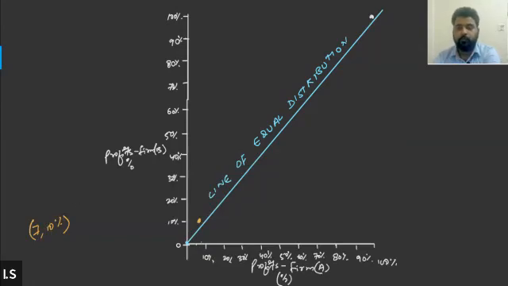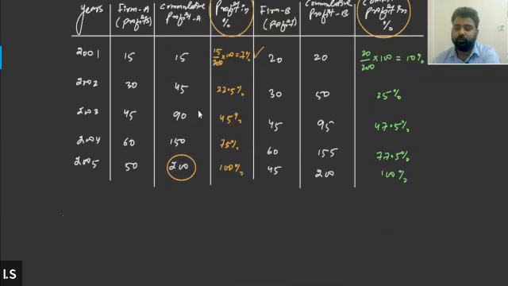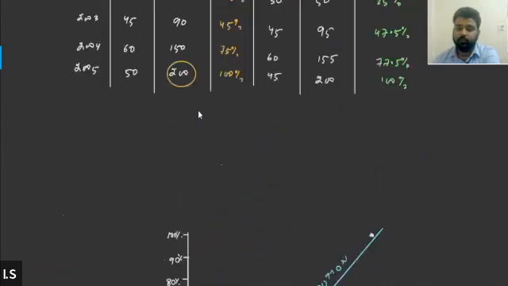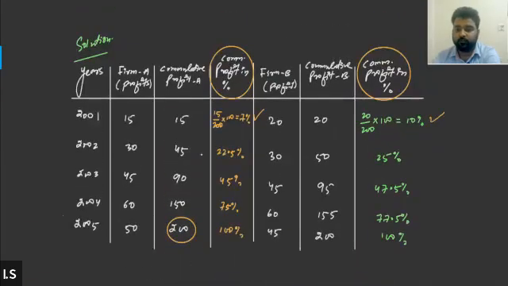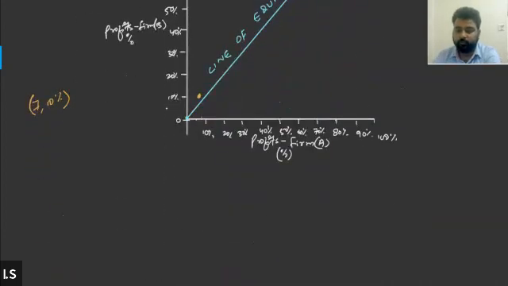Yes, sir. Okay. Now we will consider the second value, 22.5% and 25%. 22.5% of A and 25% of B. So 22.5 and 25. Let's suppose 22.5 will be somewhere at this point, and 25 will be here.